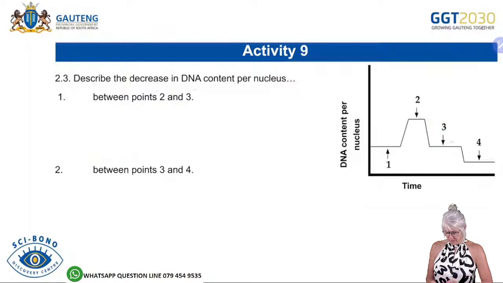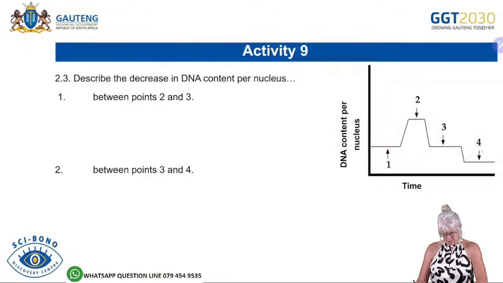So if this is meiosis, then we're going to say in meiosis 1, what happens is my homologous chromosomes are going to separate, and then we're going to then have a further division where the actual chromatids separate. Okay, so that's how it reduces.